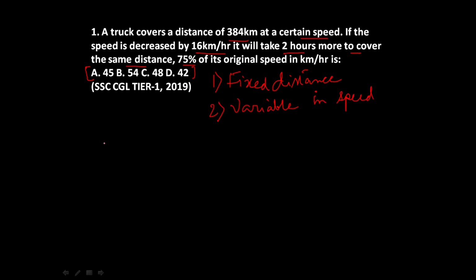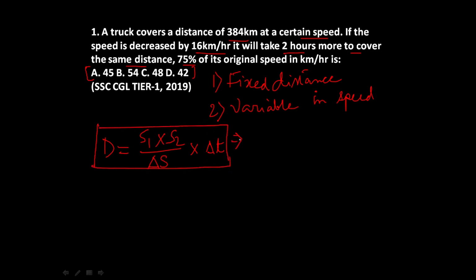So how can we solve it? Distance is equal to s1, the first speed, into s2, the second speed, divided by the difference of speed, into the difference of time. Clear? This is the formula method.